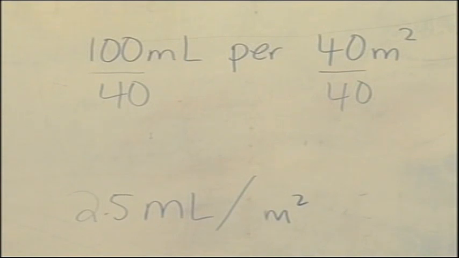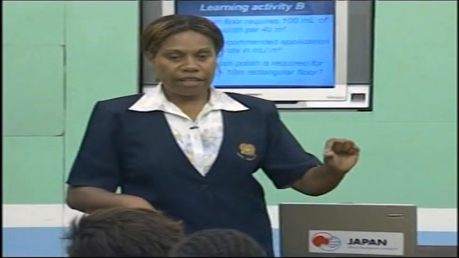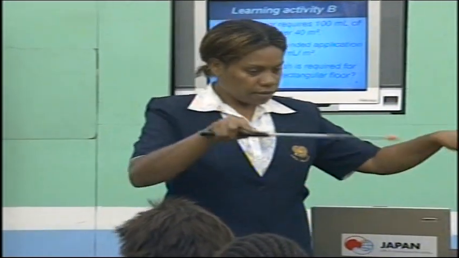Remember, 2.5 milliliters of polish will cover 1 square meter of the floor. You understand what I'm saying, class, receiving students? 2.5 milliliters of polish will cover 1 square meter of the floor.